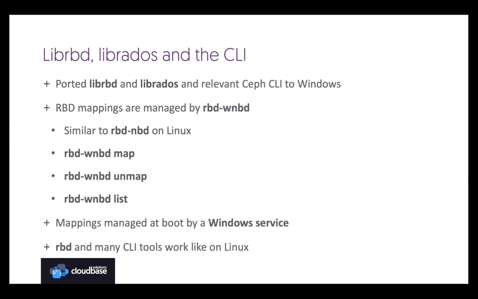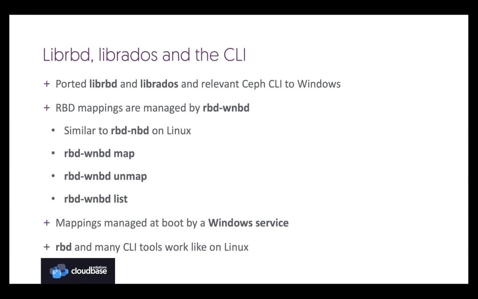RBD mappings are managed by a process called rbd-wnbd, which is very similar in scope and experience to rbd-nbd on Linux. Actually, that's where the inspiration came from. We have three typical commands: rbd-wnbd map, unmap, and list, specifically for RBD volumes, or images.